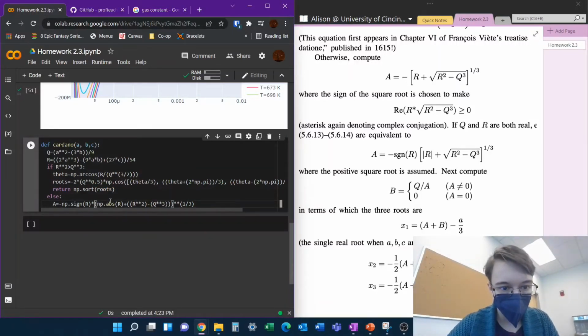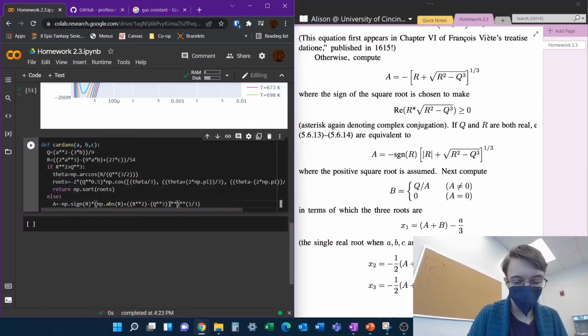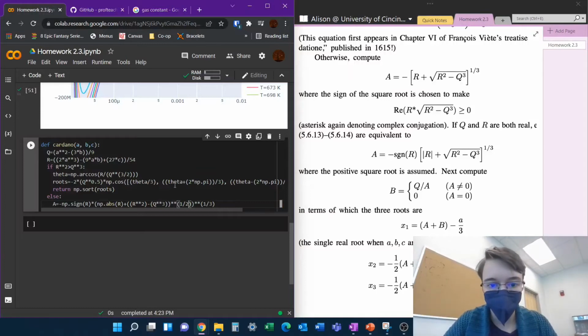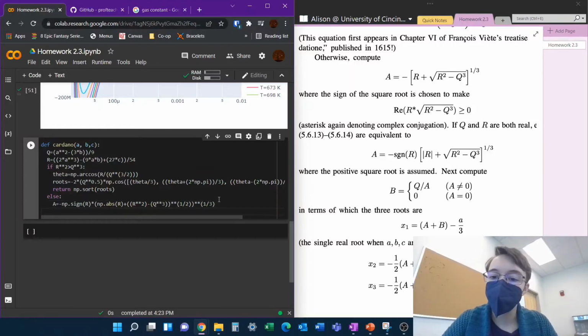And I'll take the absolute value of r, and then we're going to need the square roots of these. So that's where we get the square root from. Okay. Alright, so we have that. And then next we need to figure out what b is.